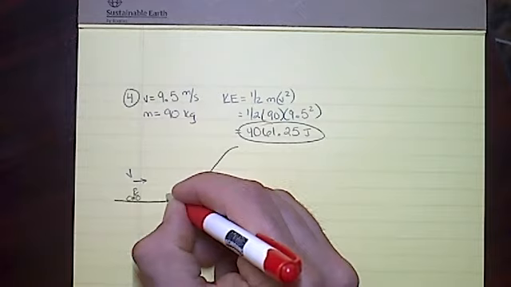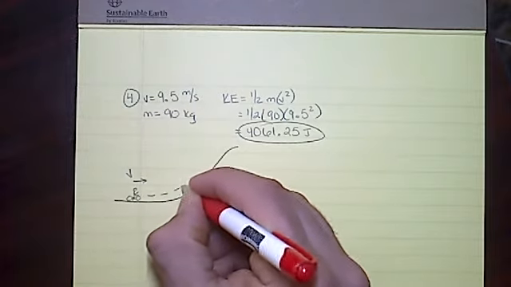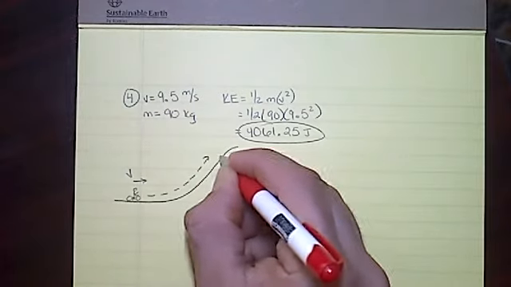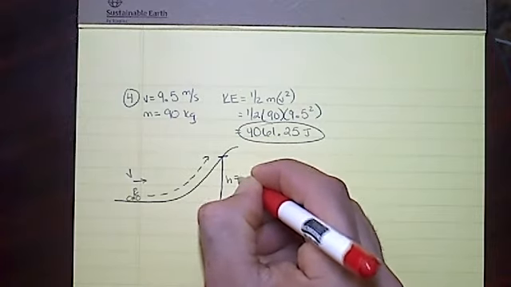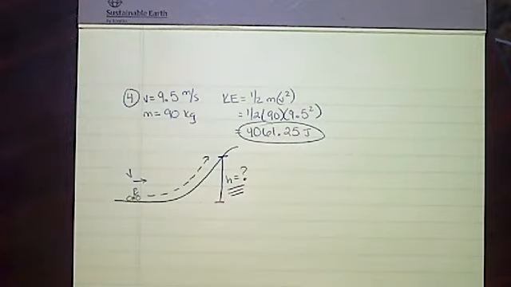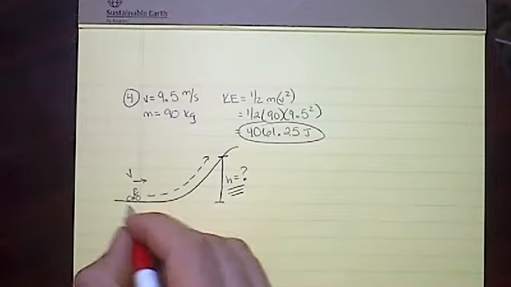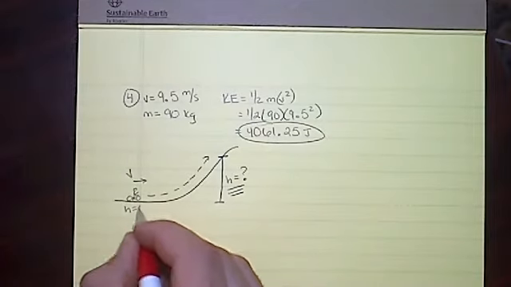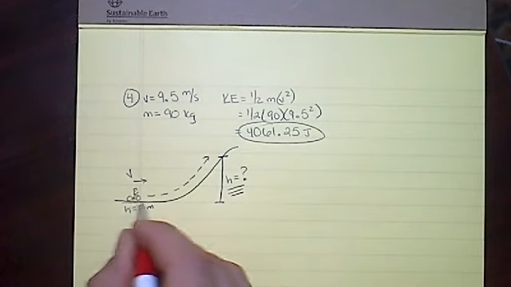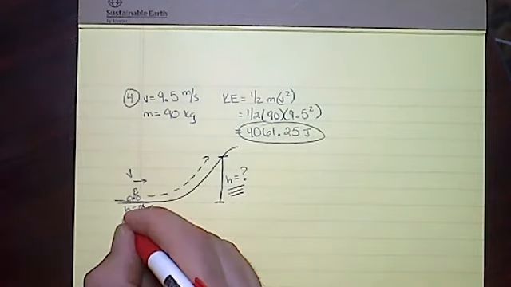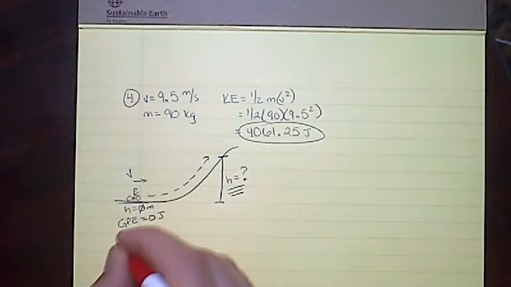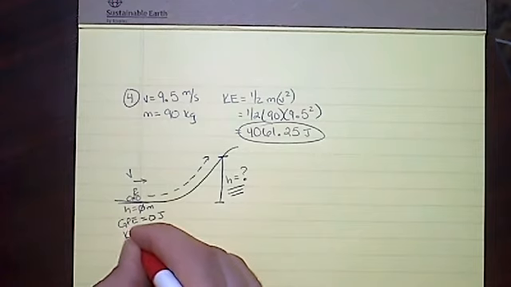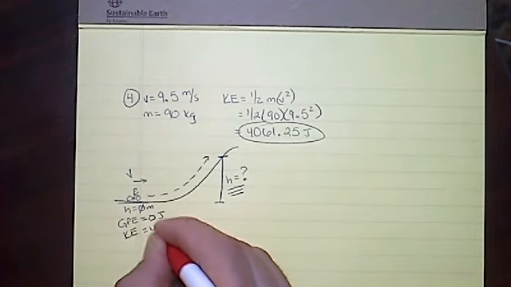We want to find out if he coasts up the hill, what is the overall height that he will reach. Now, I want you to understand this. He is at a height of 0 meters right here when he's on the ground. So his GPE equals 0 joules. However, we just calculated that his KE equals 4,061.25 joules.